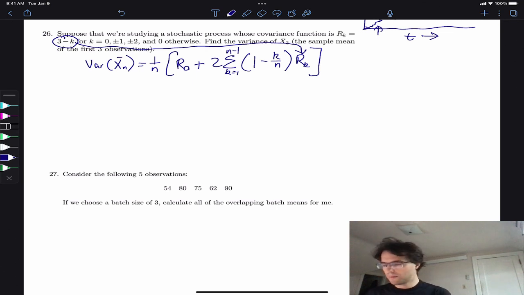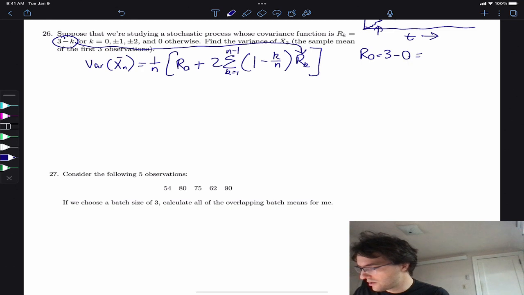So what is r0? r0, recall, is equal to 3 minus k, which is 3 minus 0, which is 3.